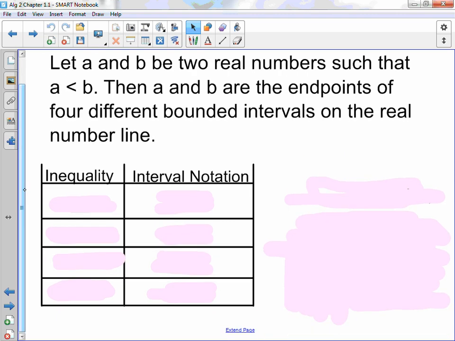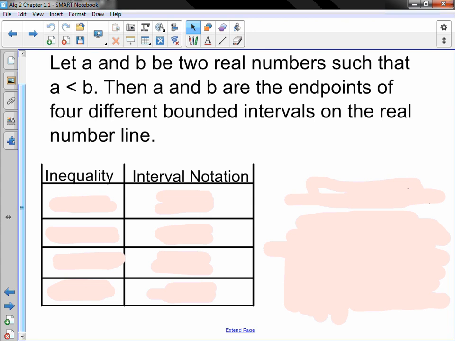Now hopefully this printed well, because I think some of it printed pretty small for your notes. Let A and B be two real numbers such that A is less than B, then A and B are endpoints of four different bounded intervals on the real number line. This is really just math jargon for defining any situation where this will work.